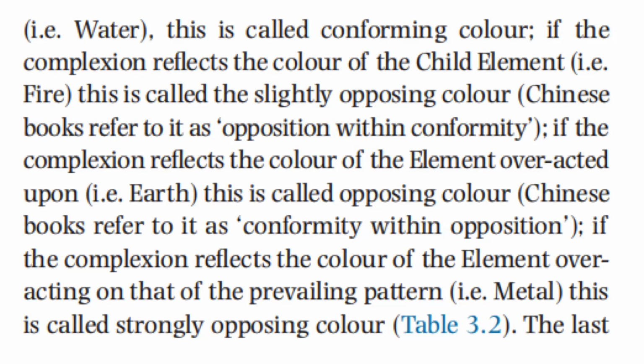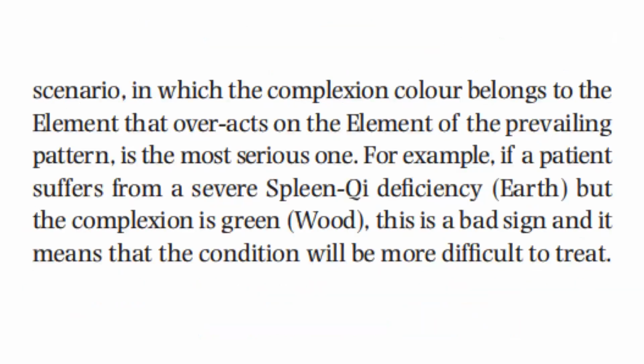If the complexion reflects the color of the element overacting on that of the prevailing pattern, which is metal, this is called strongly opposing color. The last scenario, in which the complexion color belongs to the element that overacts on the element of the prevailing pattern, is the most serious one.